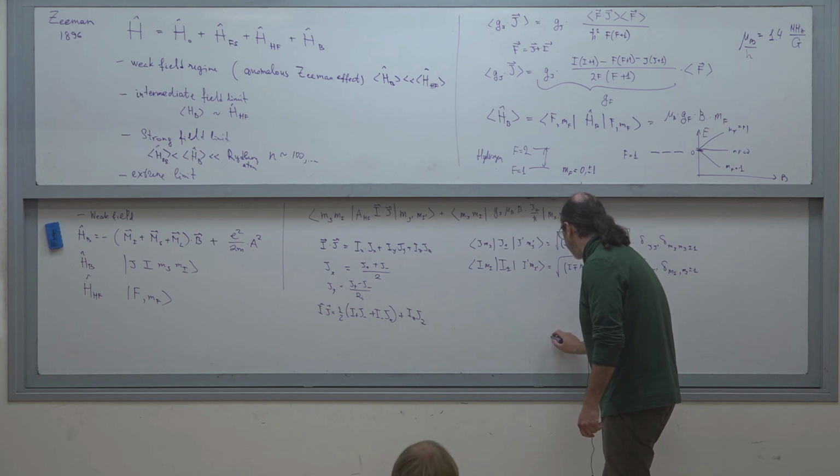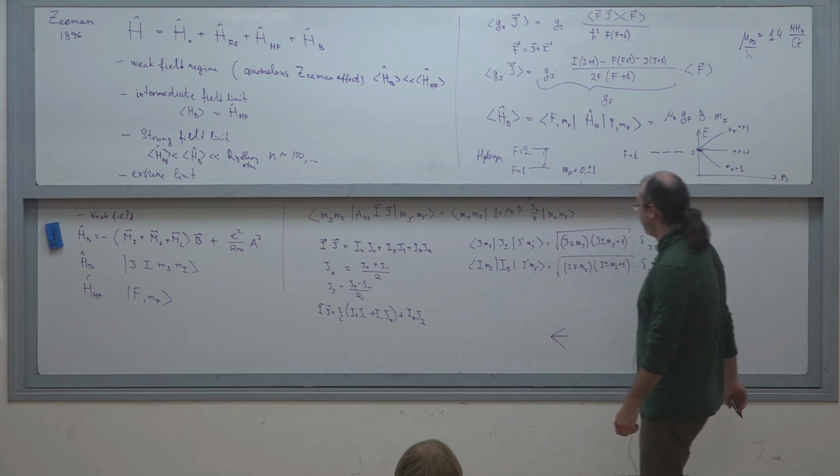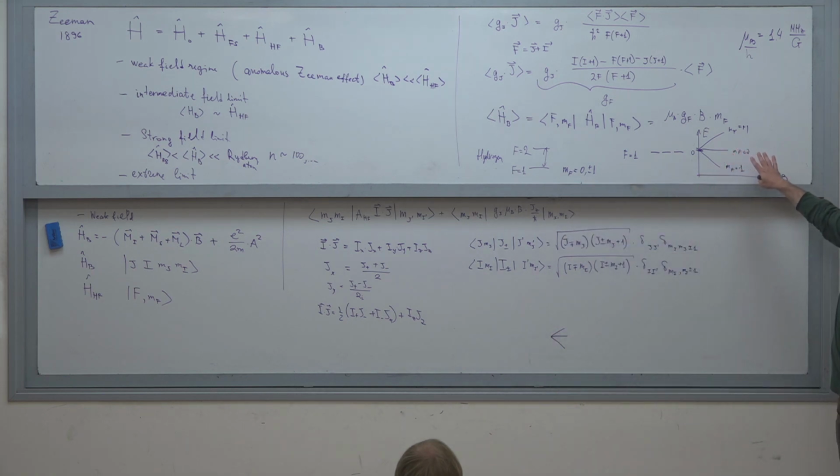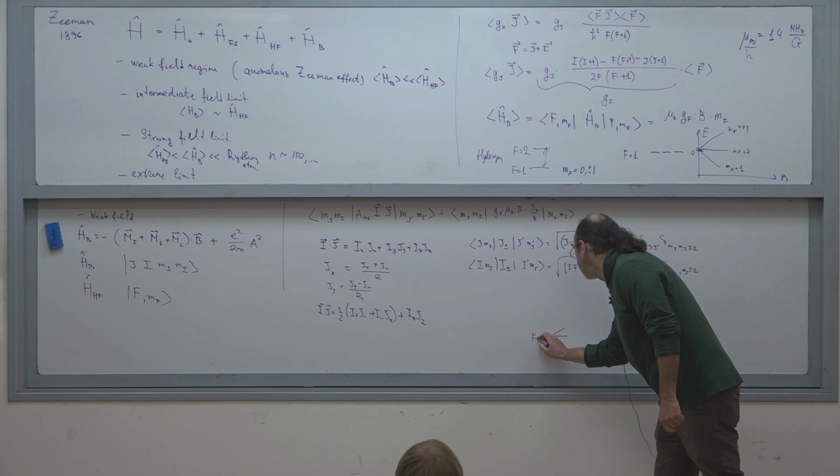In weak magnetic field, F equal to 1 splits as this structure. That's what we saw. F equal to 1.